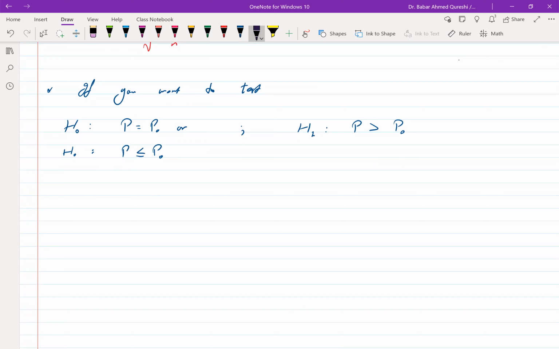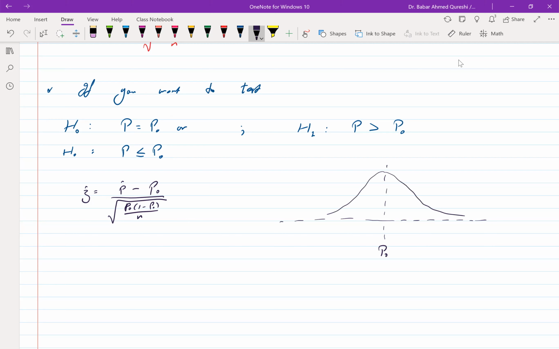Well, if you think about what we just said, that this is a standard normal, and think in terms of the original variable P hat, it would be distributed like this, centered around P naught and going larger and smaller than that.